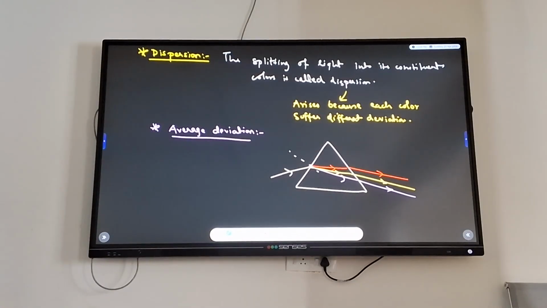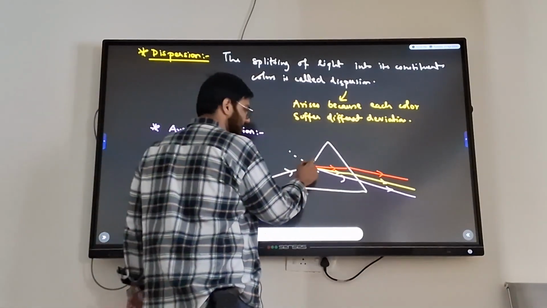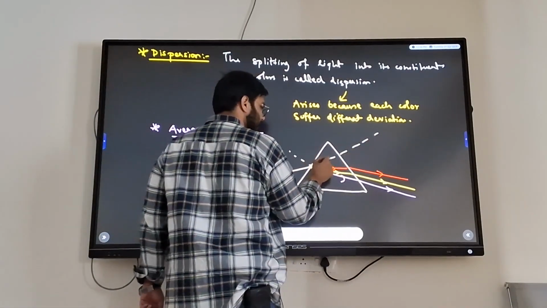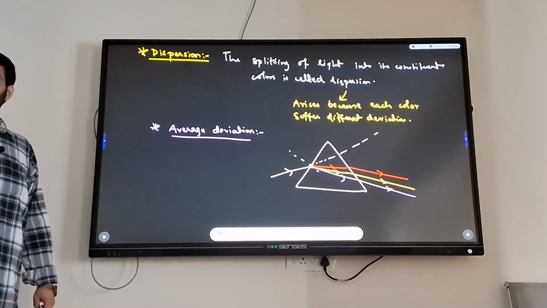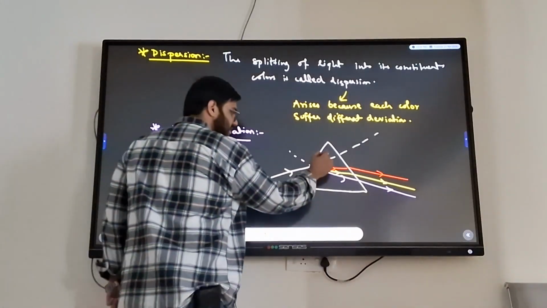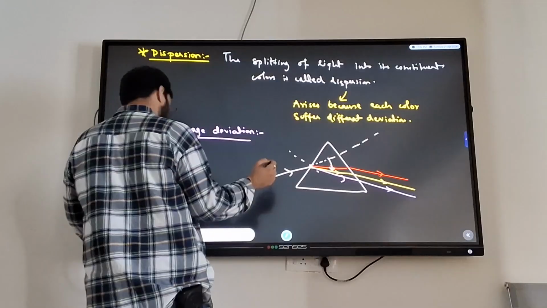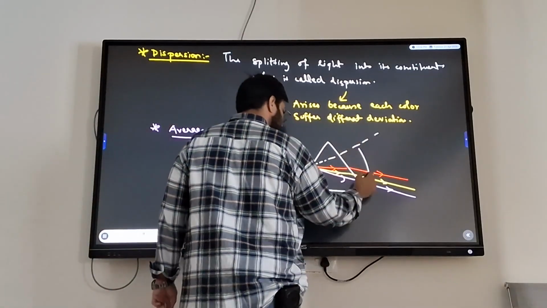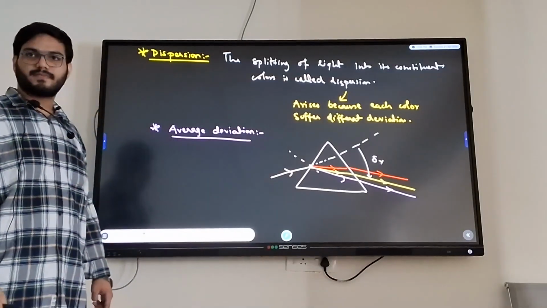If you were to talk about deviations, then how do you find deviations? This is the extension of the incident ray. What will be the deviation for the yellow color? That's delta yellow.